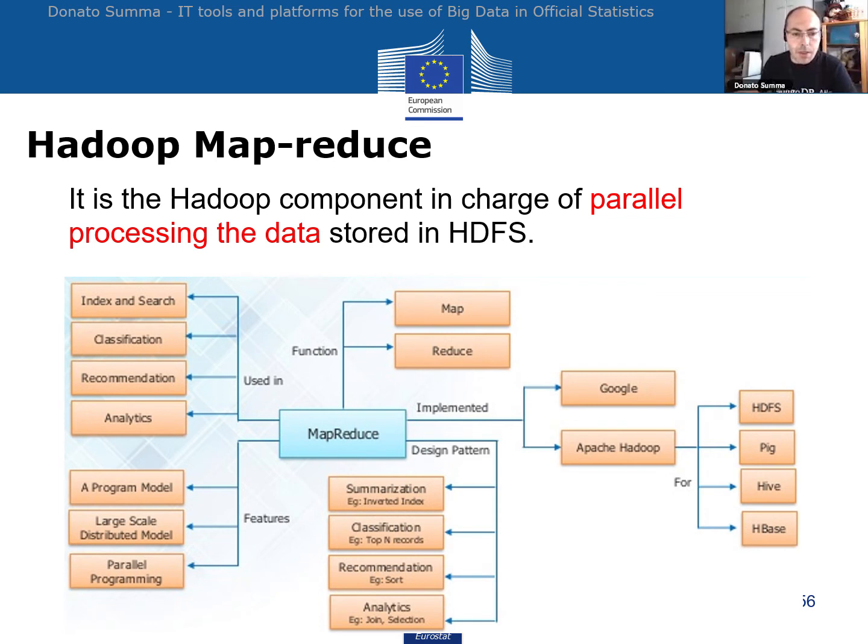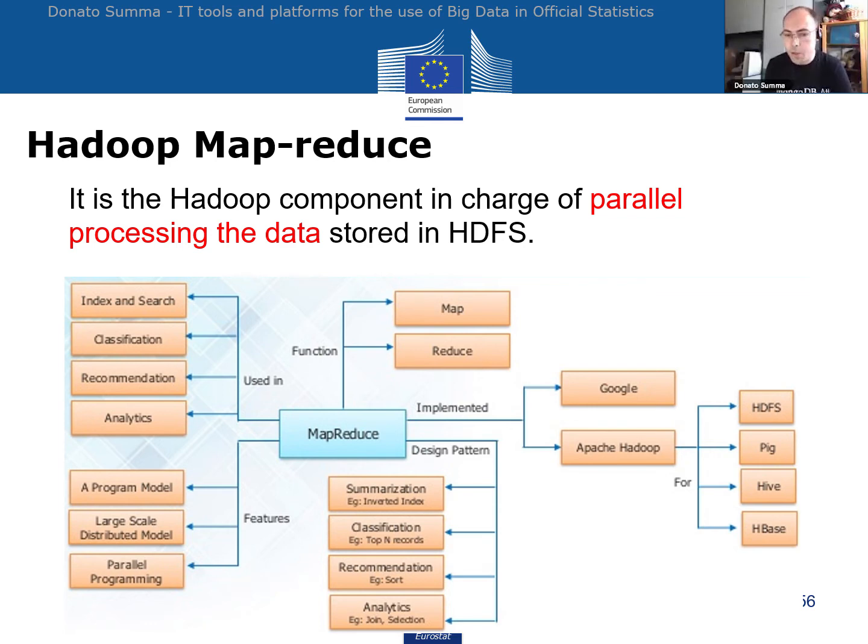MapReduce is a large-scale distributed model, a parallel programming model, and is used for analytics purposes, in recommendation systems, in classification systems, and when we need to index and search data that we previously stored.